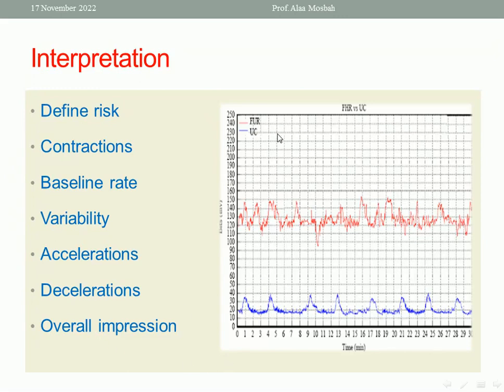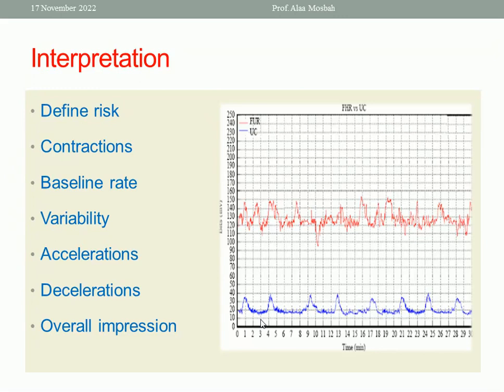Lastly, after you finish the CTG, you should announce and give an overall impression. Is it reassuring or non-reassuring or abnormal? According to what? According to the fetal heart rate, is it more than 180 or less than 100?